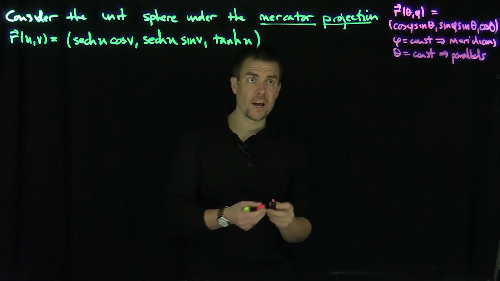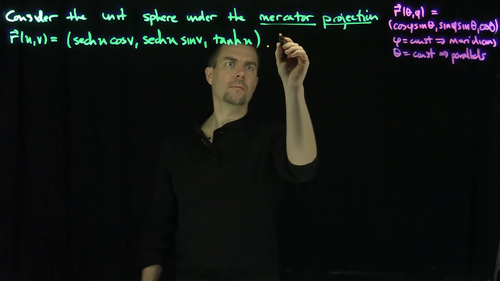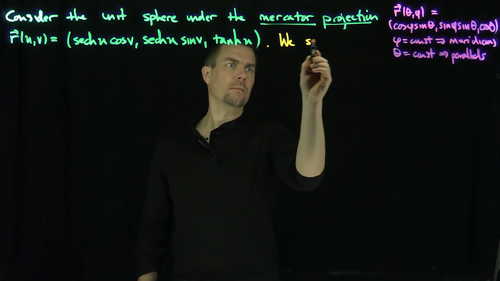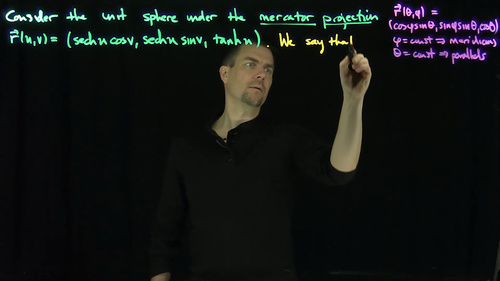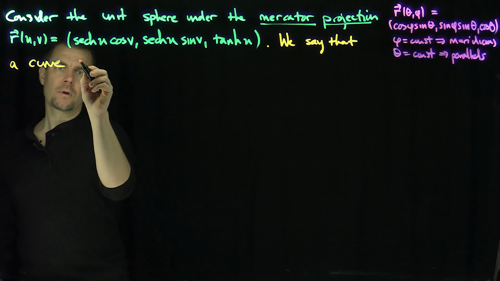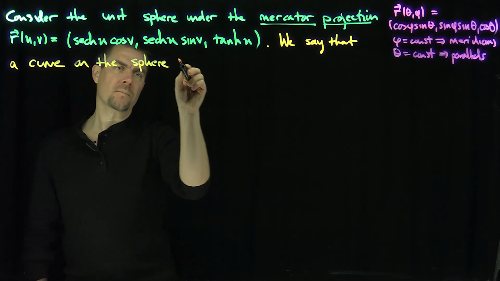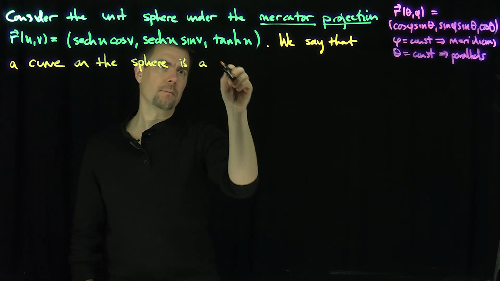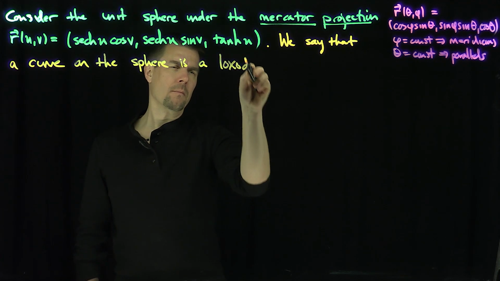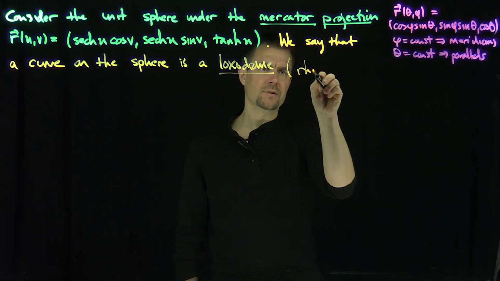All right, and so what do we say? We're going to define, we say that a curve on the sphere is a loxodrome. In old books, they don't call them loxodrome, they call them rhumb lines.